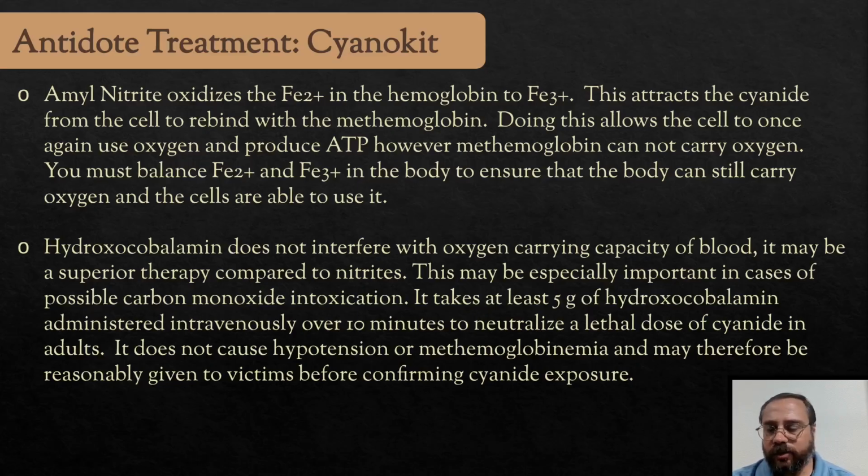monoxide intoxication. One of the things that we have to be very careful with, we talked about the fact that through amyl nitrite and sodium nitrite, we are converting oxygen carrying capacity into cyanide carrying capacity in the red blood cells. Well, remember, we have to strike a balance. What happens if there's already carbon monoxide on the cell?